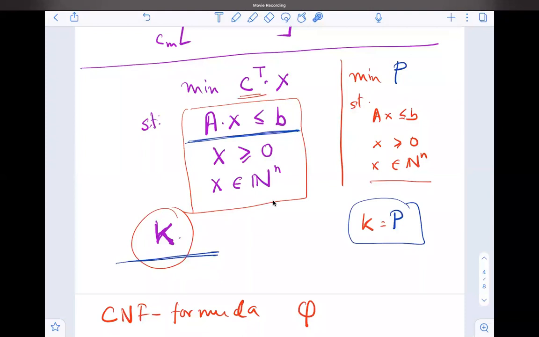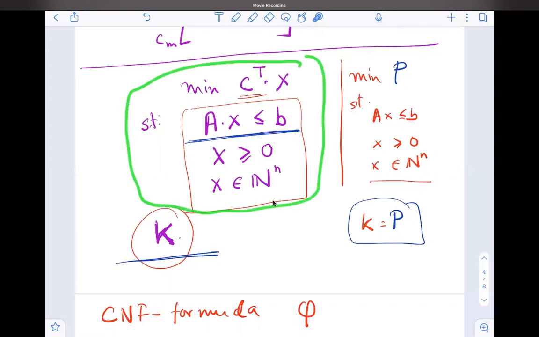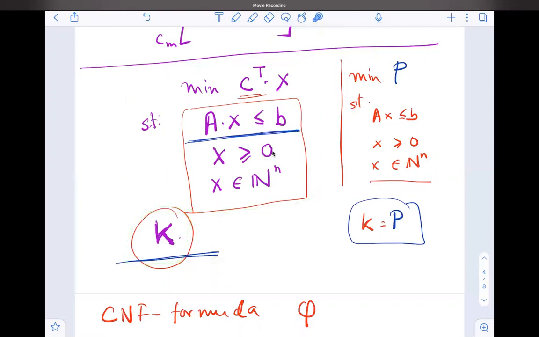K is not in the ILP instance here. K is another parameter that isn't given. So this is exactly how you convert any optimization question to a decision question. In an optimization question, you optimize something, and the decision question is whether there is a solution that is less than this.